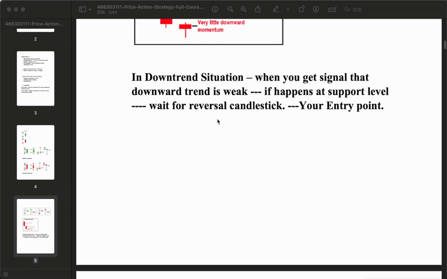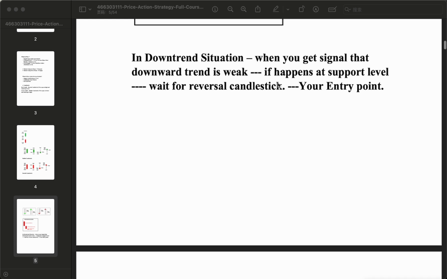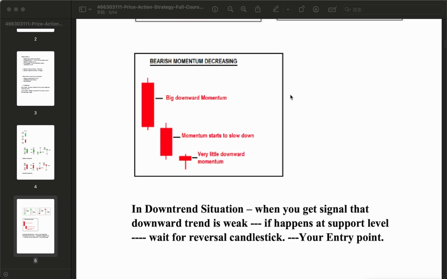So in a downtrend, when you get a signal that the downward trend is weak, it happens at a support level. Wait for a reversal candlestick as your entry point. So what are you going to do? You know the price is going to hit a support level.